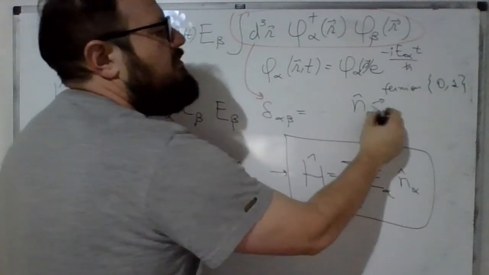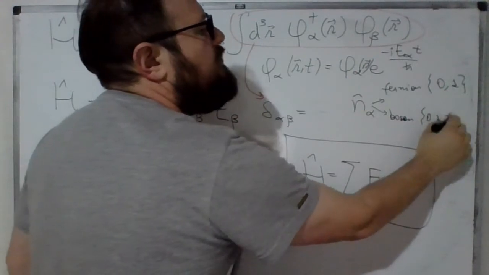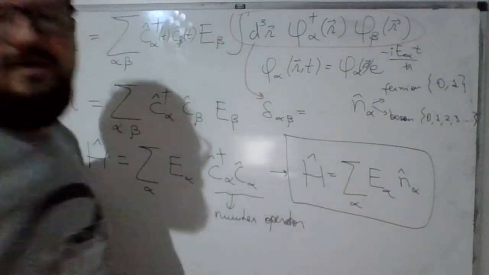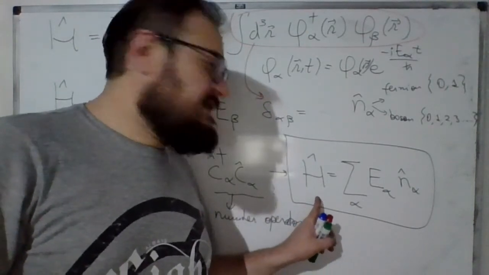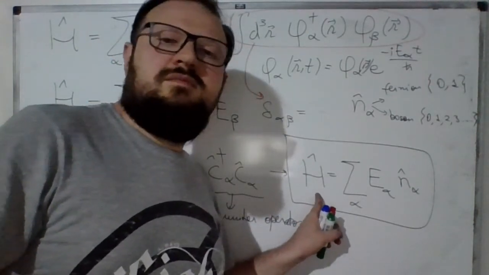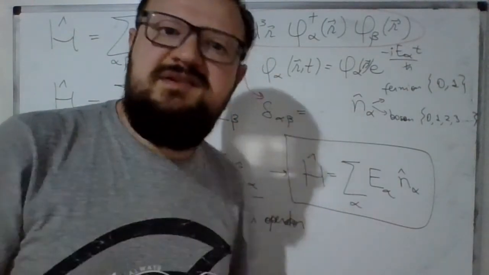Okay, for a boson, 0, 1, 2, 3, or whatever. This is the only distinction for the single particle, for the Hamiltonian, which is a non-interacting Hamiltonian.